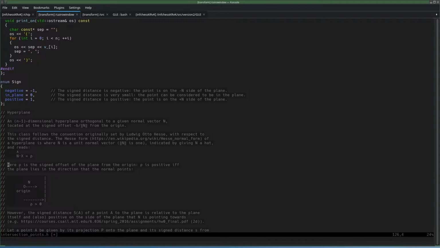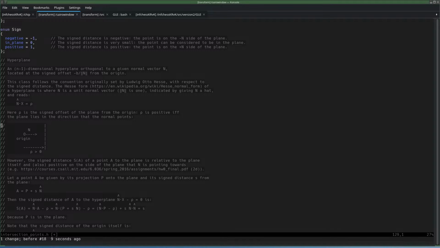Yeah, rho is the signed offset of the plane from the origin. Rho is positive if and only if the plane lies in the direction that the normal points to, maybe? Points in. You point into a direction. Or just points to work as well. So we have a normal here, n.